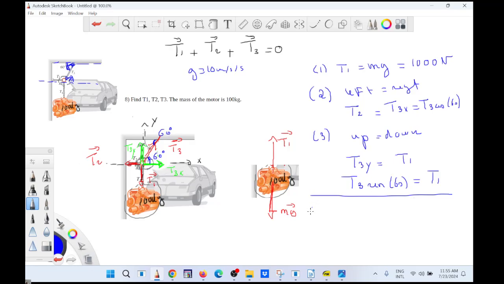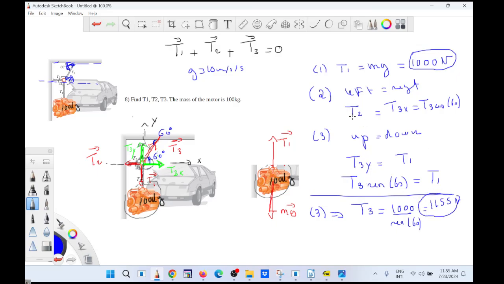Okay, so from the third equation, you have T3 equals 1000 divided by sine 60. That's going to be 1155 Newton. So you can double check that.